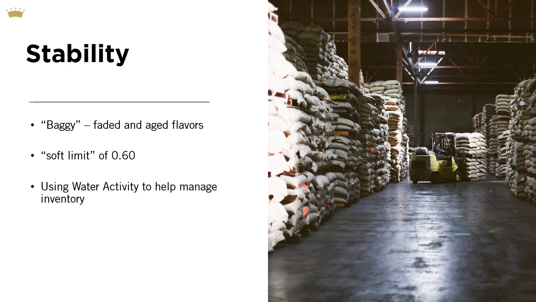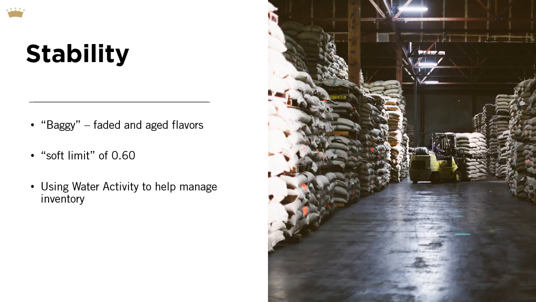So related to that potential for moisture loss, at the cupping table, flavors of paper and cardboard frequently signal that a coffee is past its prime. Quality agents sometimes still refer to these flavors as baggy. This, I think, is a misnomer.